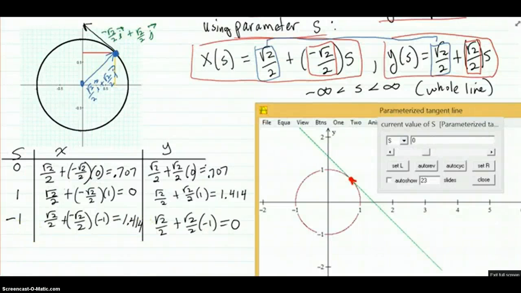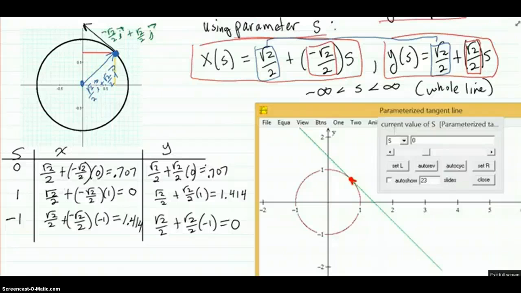We realize that at s equals 0, the x value should be square root of 2 over 2 plus negative square root of 2 over 2 times 0, coming from this, and that is just square root of 2 over 2, which I put at decimal point 707.